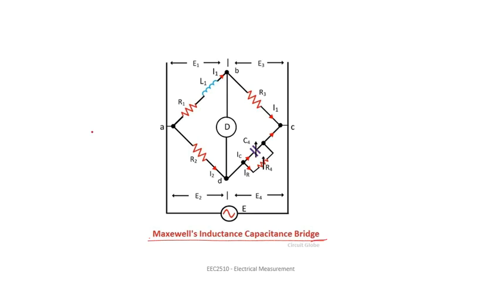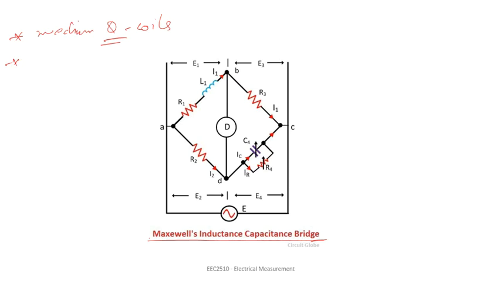We also discussed that this Maxwell inductance bridge is only used for the measurement of medium Q coils, where Q is the Q factor, because we cannot use this bridge for the measurement of high Q coils.